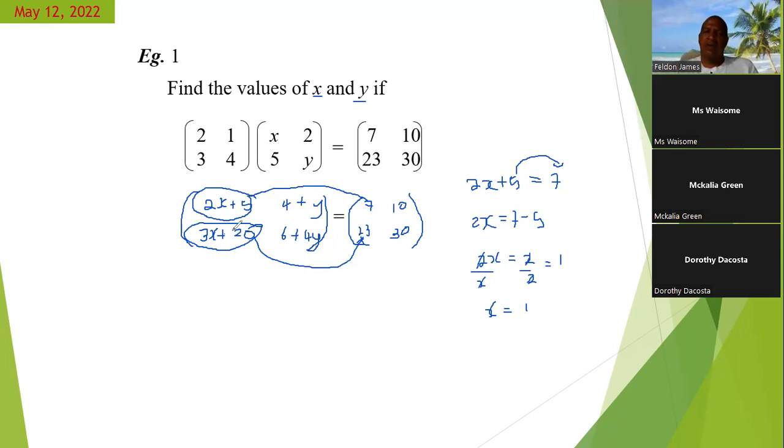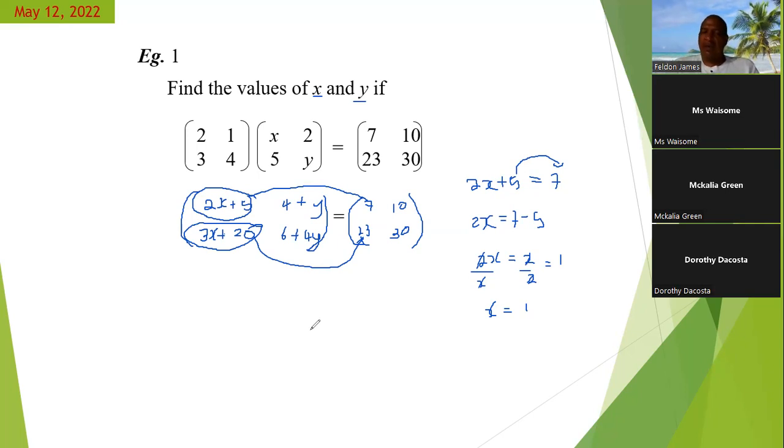All right, to solve for Y now, which of these corresponding elements would you use to solve for Y? Can somebody give me a corresponding element? Sir, they can use 6 plus 4y, which would equal 30. We can use 6 plus 4y and equate it to 30.